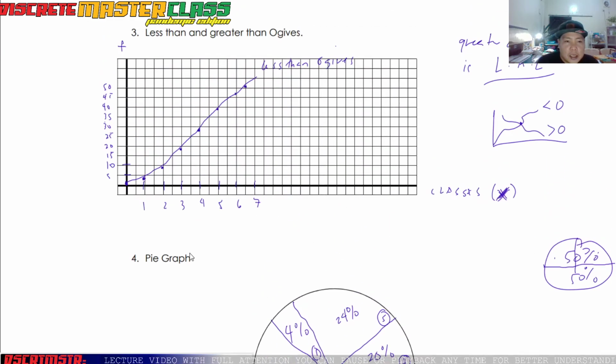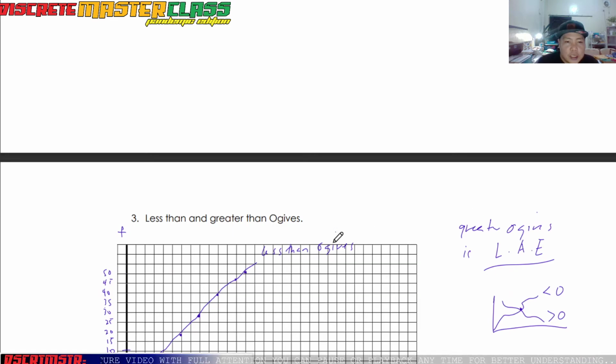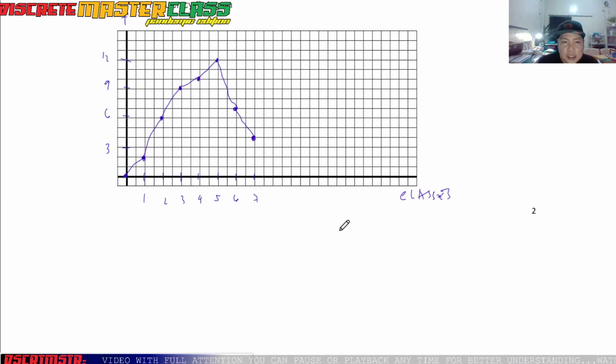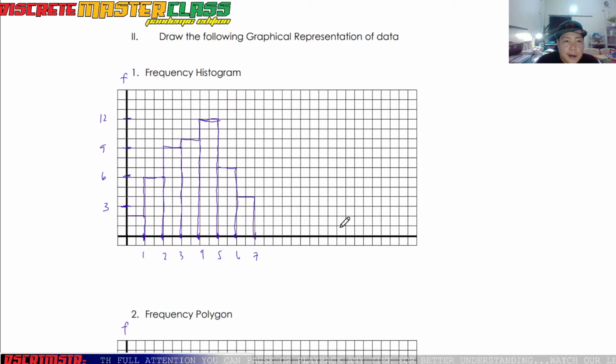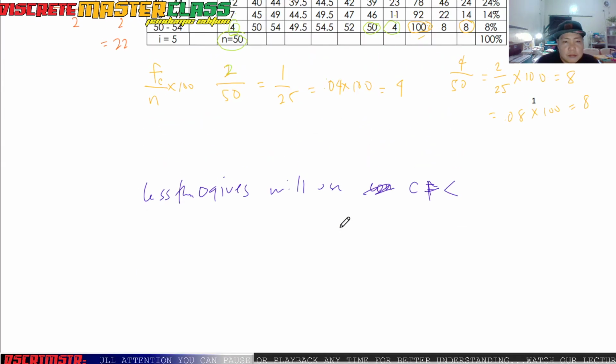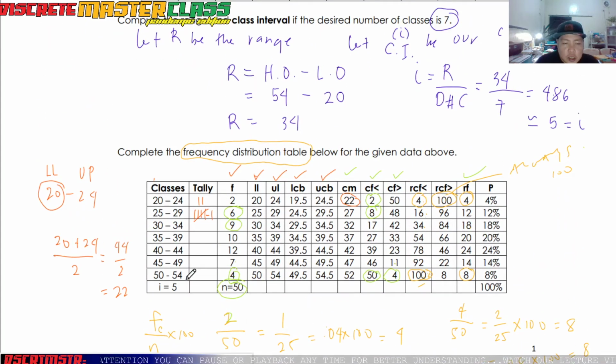Okay, so pie graph, less than ogives, greater than ogives is leave as exercise. Frequency polygon, frequency histogram, nagawa naman. Ito, importante, dapat naintindihan mo yan kasi lahat ng representation, dito kukuha ng i-represent nila.